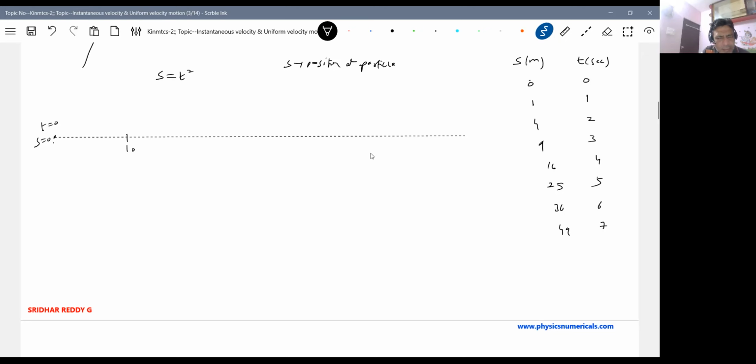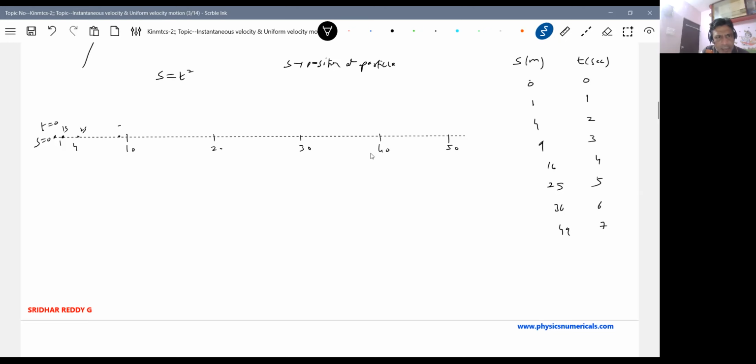Okay, this is what I'm going to indicate. Let me take this as 10, 20, 30, 40, and 50. At t equal to 0, it will be at the origin. At t equal to 1 second, it will be at a distance of 1 meter. At t equal to 2 seconds, 4 meters.